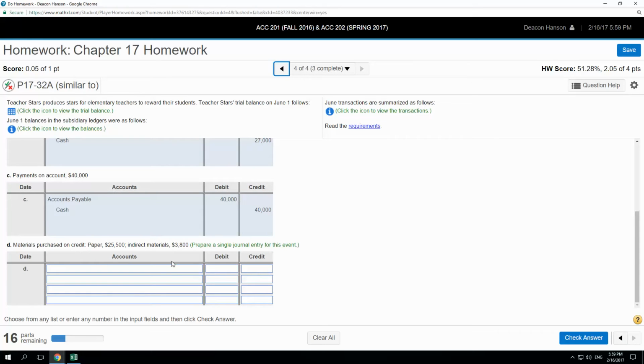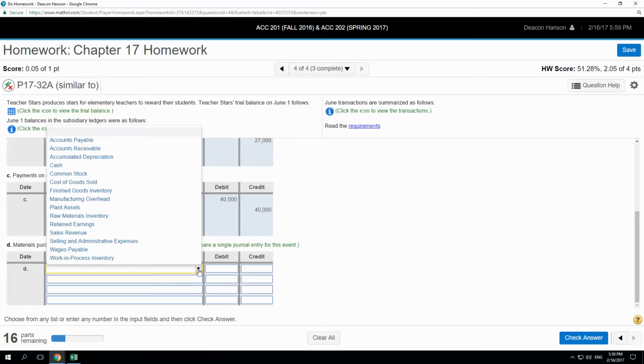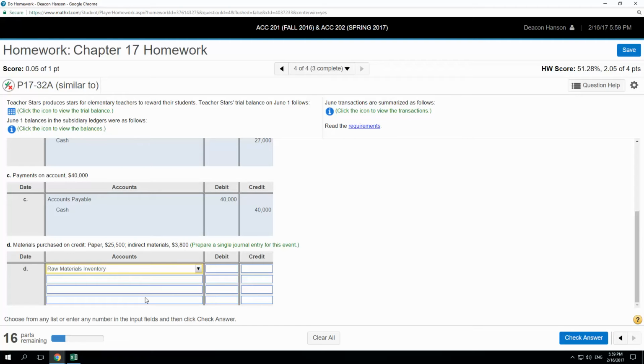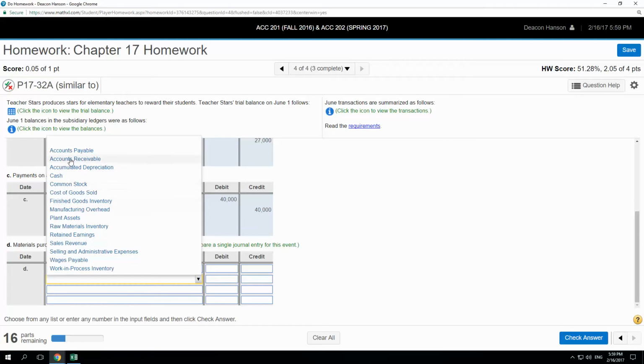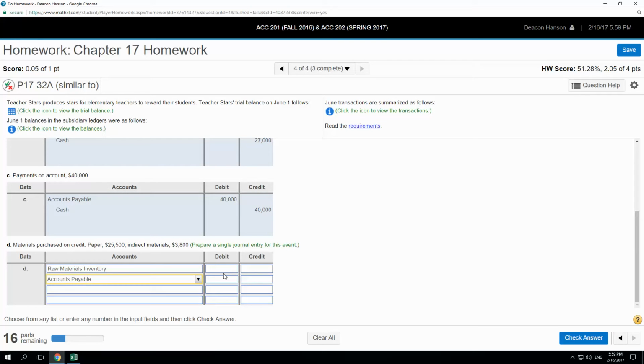Now it says materials purchased on credit. Paper, which is a direct material, and then indirect materials of 3,800. And it says prepare a single journal entry for this event. So we're going to book a debit to raw materials inventory. And it's done on account, so we're going to have accounts payable.